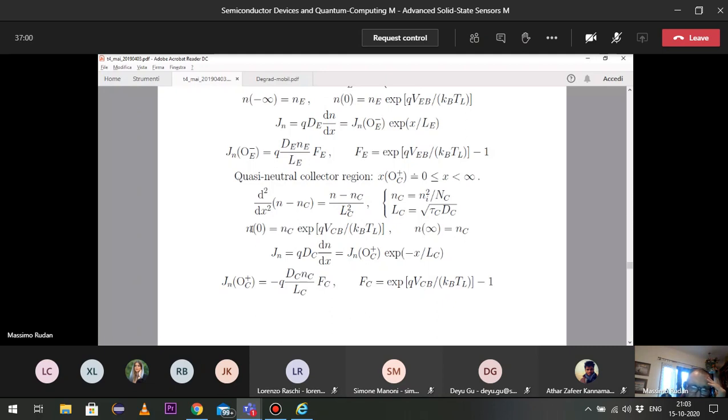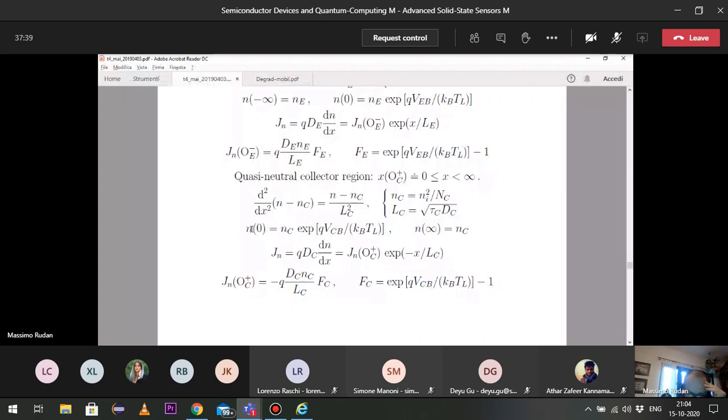We shall fix this minus sign later because at some point we remember that whereas the emitter current is aligned with the x-axis because the emitter current enters from the left, the collector current enters from the right, so it is opposite to the positive direction of the x-axis. So at this point, we shall fix the minus because of this. Okay, so there is nothing to worry about.